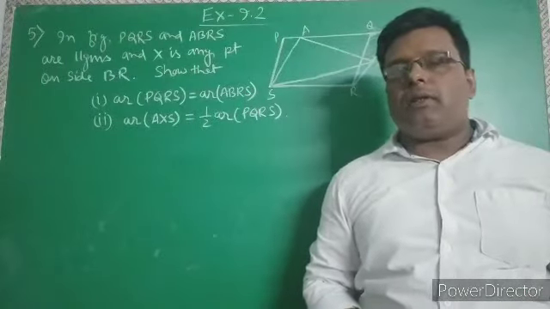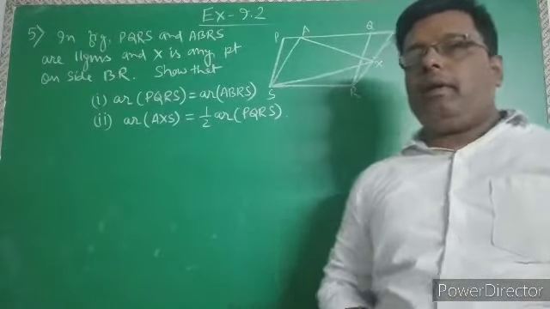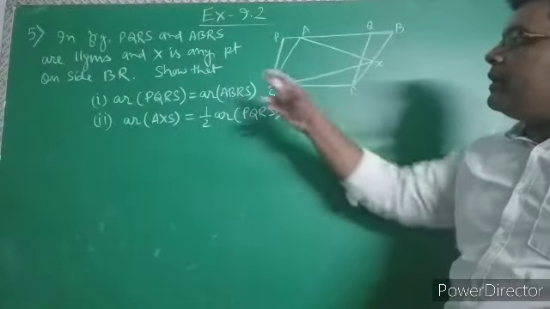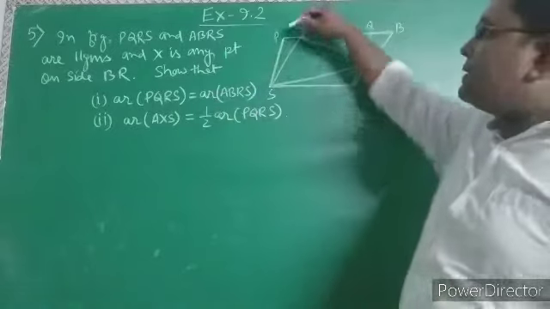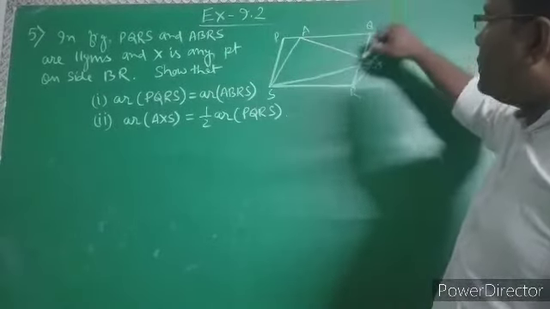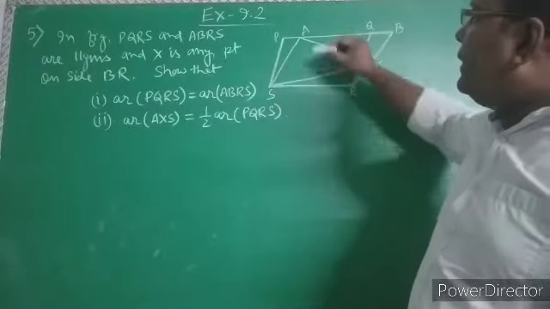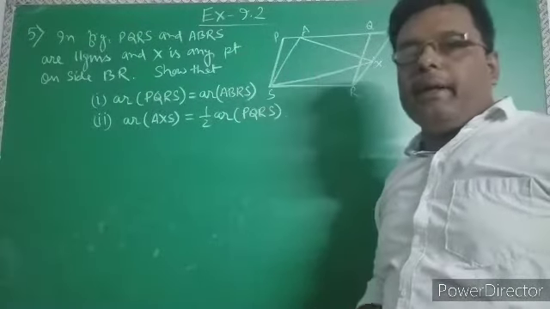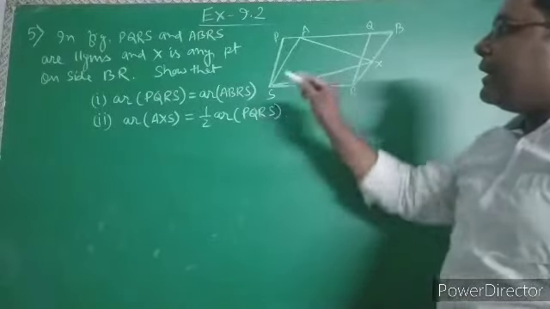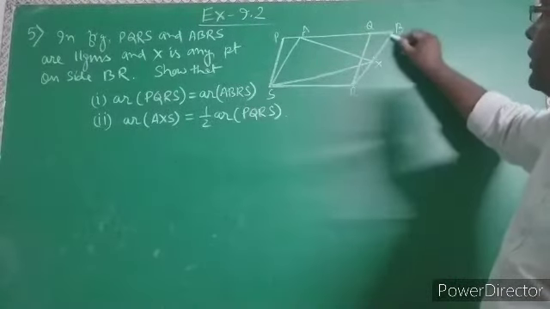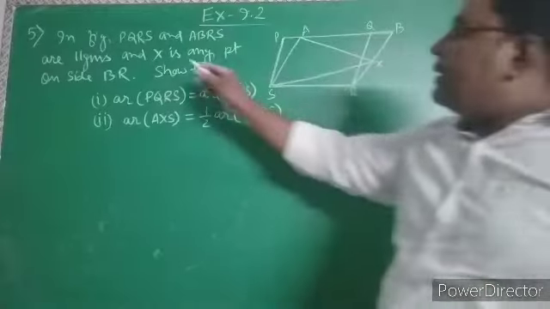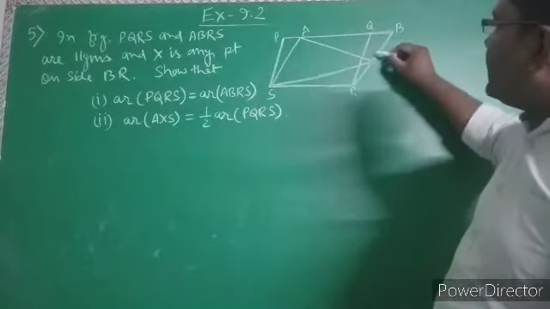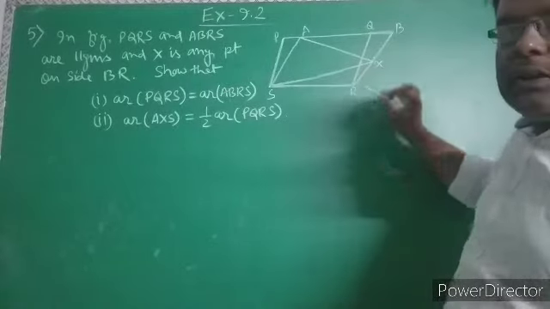So our next question is question number 5, and in this question a figure is given. Here in the figure, PQRS and ABRS are parallelograms, and given that X is any point on the side BR. X may be here, here, anywhere.